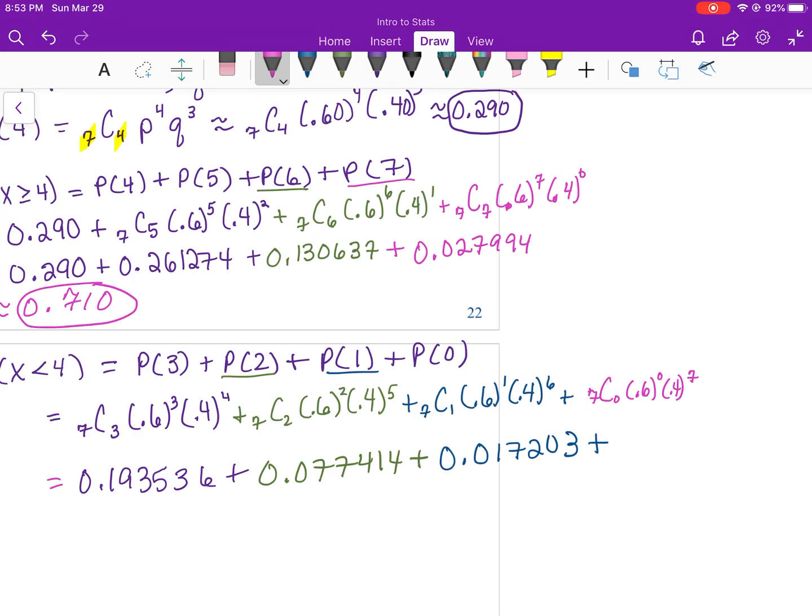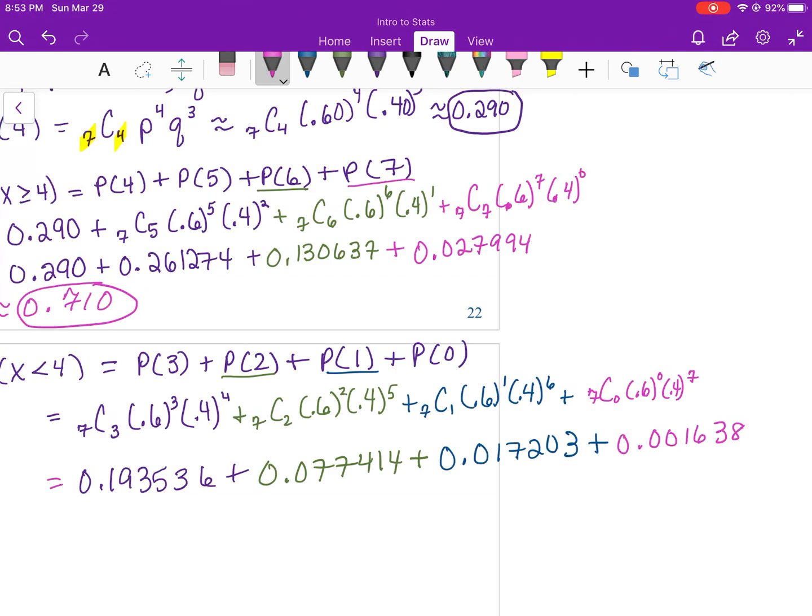And finally, 0.001638. Okay, and then we're going to add all those together. 0.193536, 0.077414, and 0.001638.